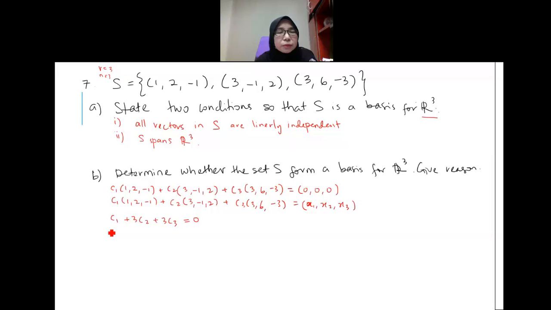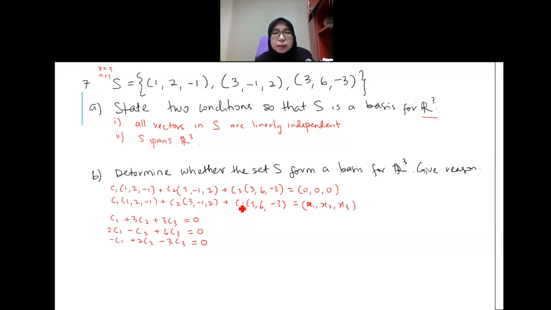Then the second component: 2C1 minus C2 plus 6C3 equals 0. And then the third component: negative C1 plus 2C2 minus 3C3 equals 0.